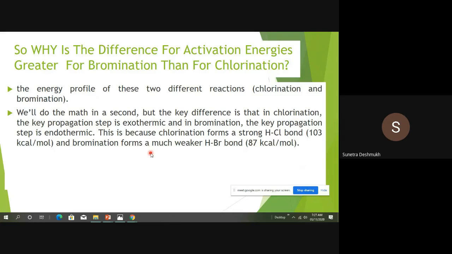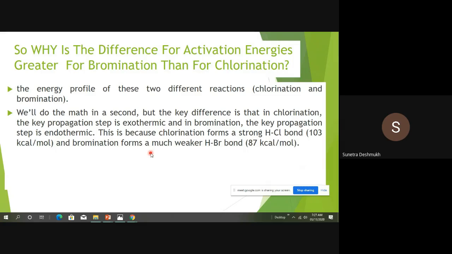The difference is that in chlorination the K propagation step is exothermic, and in bromination the K propagation step is endothermic. We'll see on the next slide how they are exothermic and endothermic. This is because chlorination forms a strong HCl bond.